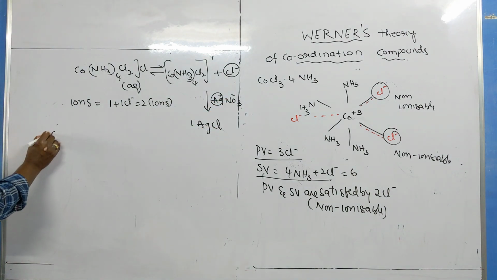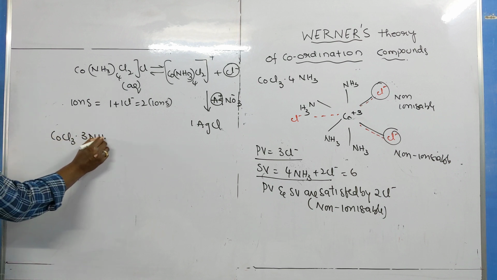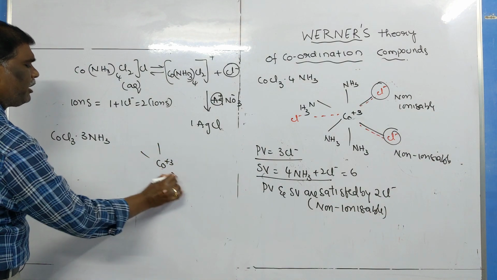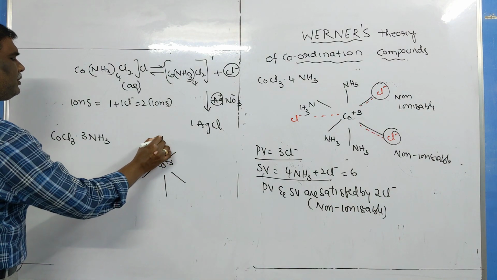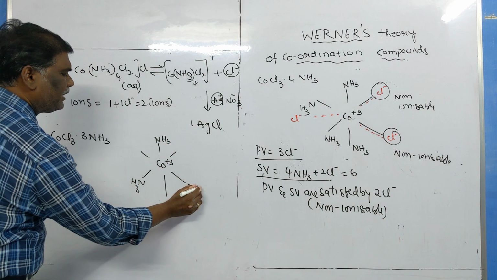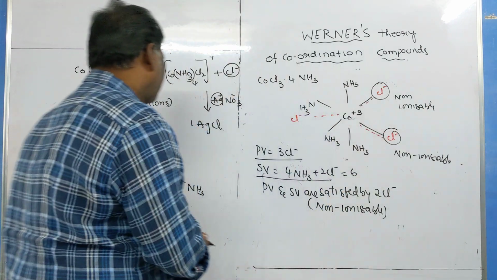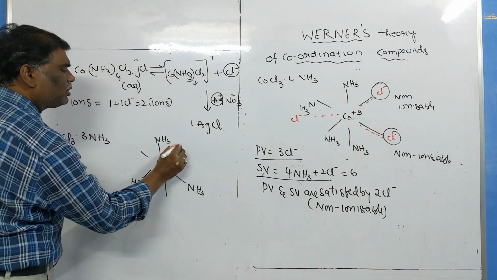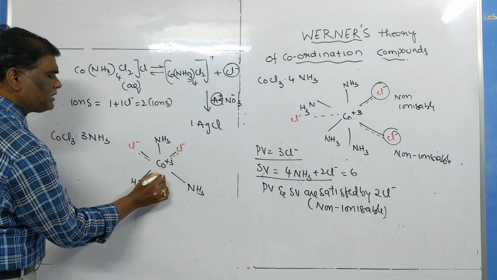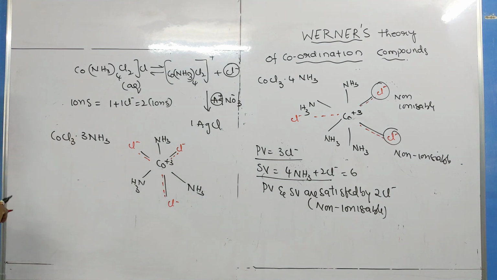The last one is CoCl3·3NH3. In this case, the cobalt ion is surrounded by 3 NH3 molecules and 3 chlorides. The 3 chloride ions are satisfying both primary valency and secondary valency.